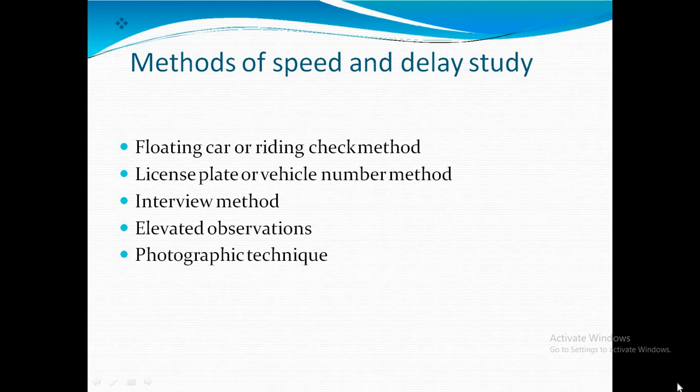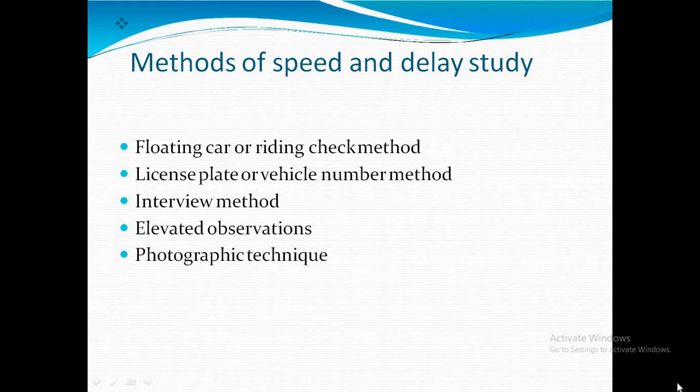Another one is the method of speed and delay study. Here there are the floating car or riding check method, the license plate interview method, elevated observation, and photographic techniques. We have different kinds of techniques, and according to that we need to check.